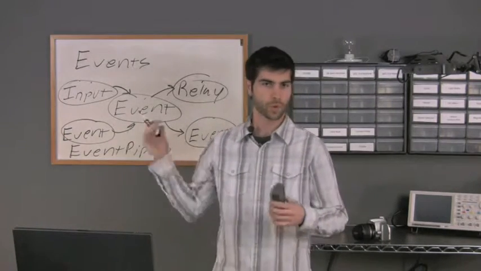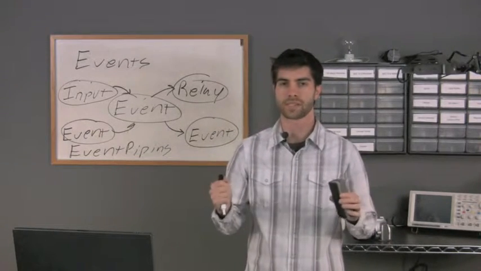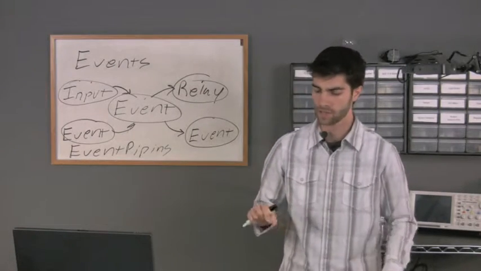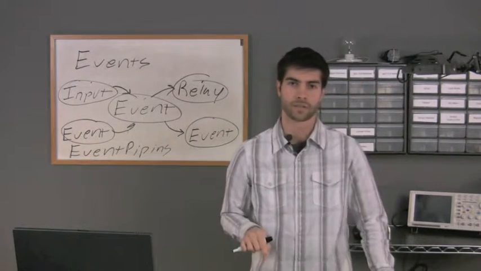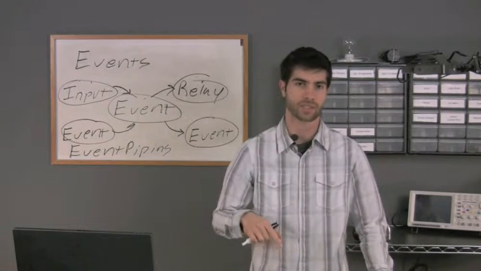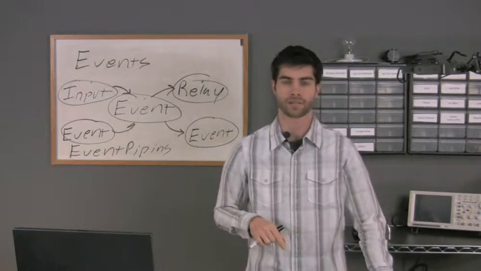Now, what if we wanted to use event piping real quick here? Let's set up a time-delayed relay so that whenever I push a button, it's going to wait 10 seconds, and then it's going to turn a relay on for 5 seconds, and then the relay is going to go back off again.